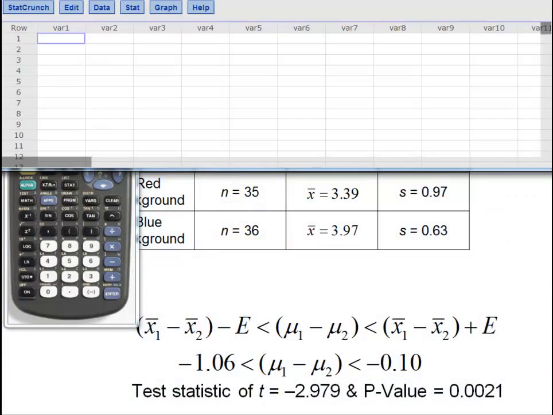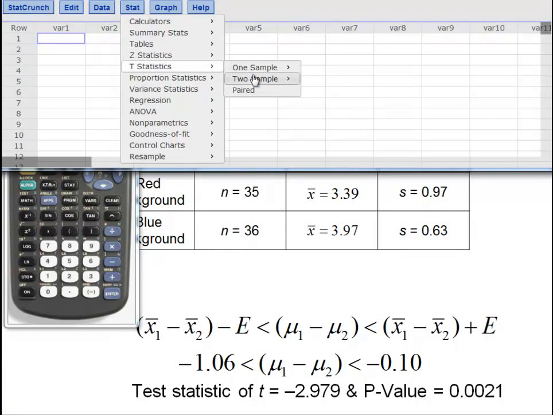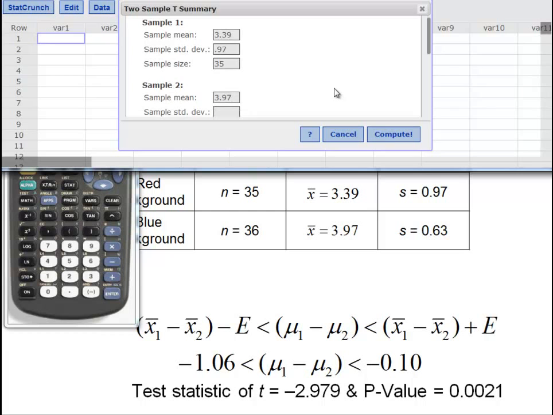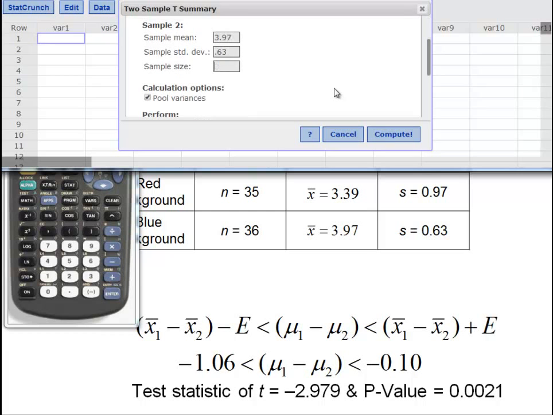Same goes for StatCrunch. If we did StatCrunch, we're doing t-statistics with two samples, with summary, and we put in all the information here: 3.39, 0.97, sample size of 35. The second one is going to be 3.97, 0.63, sample size of 36.